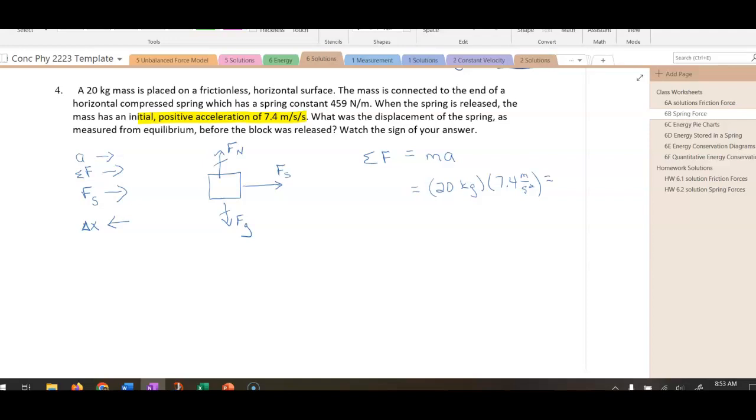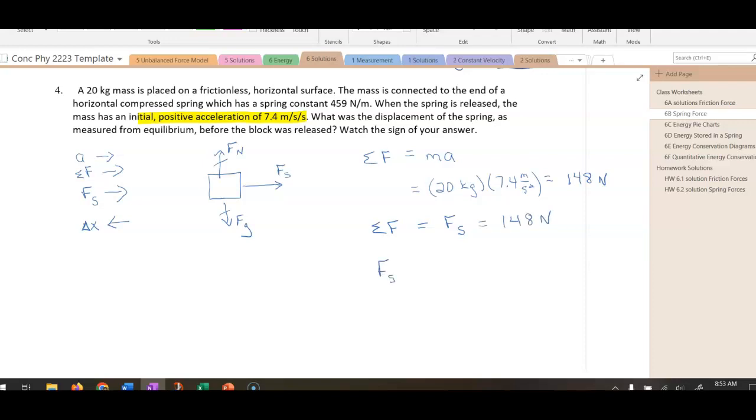It's 148 newtons. Looking at my force diagram, the net force is just the spring force, because that's the only force in the horizontal direction. So therefore I know the spring force is 148 newtons.